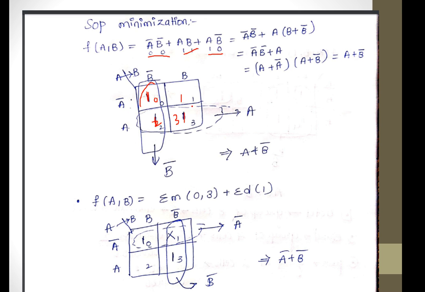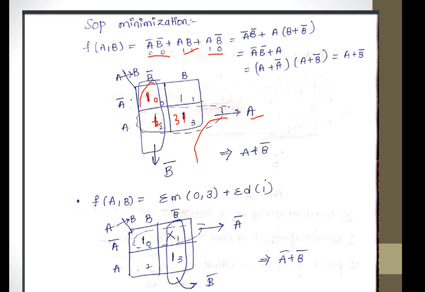And these two form one pair, where A is common and B bar and B are changing, so I am taking the A value only. So from this pair I am getting A, and from this pair I am getting B bar. This is the SOP, sum of products. So A plus B bar is the answer.